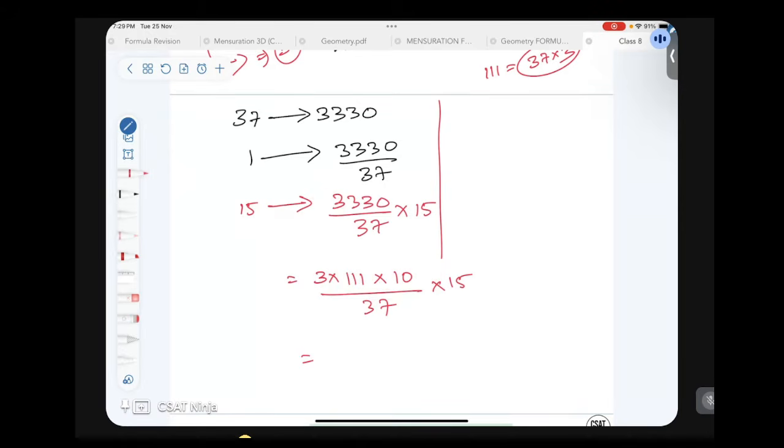I'm just simplifying, finding the factors, and we know 111 is 37 into 3, so it becomes 37 into 3 into 10 divided by 37 into 15.